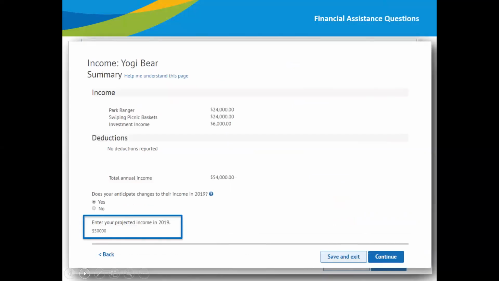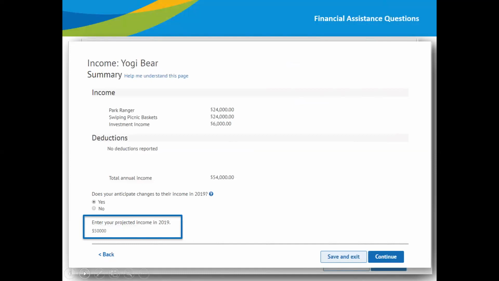Once the individual has entered in all of their sources of income, we bring them to this summary screen. This is done at the individual level for people who are entering in the income that they are currently earning from various sources. So in this example, we've got wages totaling $24,000 a year, self-employment that is $24,000 a year, as well as some unearned income in the form of investment income that is $6,000 a year.